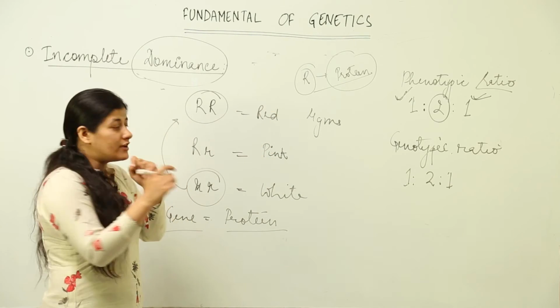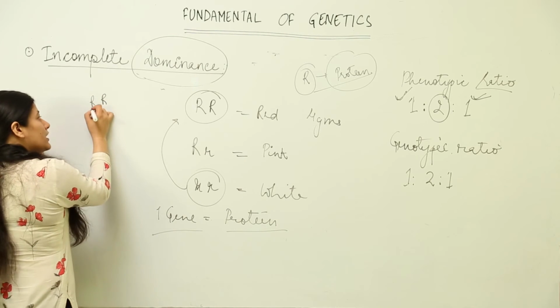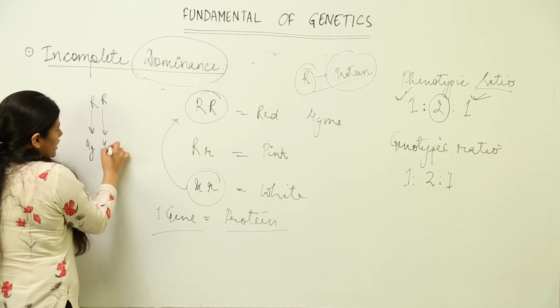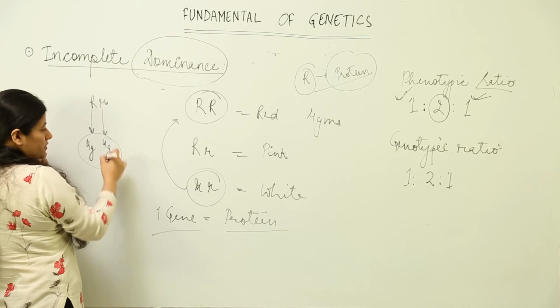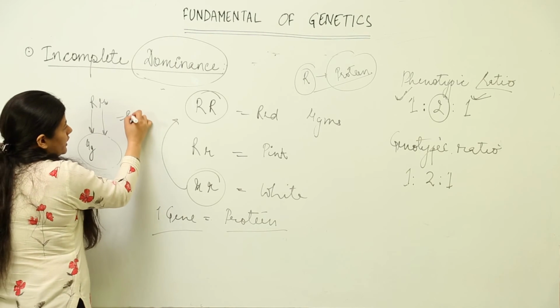In the condition of complete dominance, out of the dominant paired allele, this allele is also producing 4 grams and this would also be producing 4 grams. So, whether it is present singularly or it is present in pair, it is going to produce 4 grams and red color would be achieved.